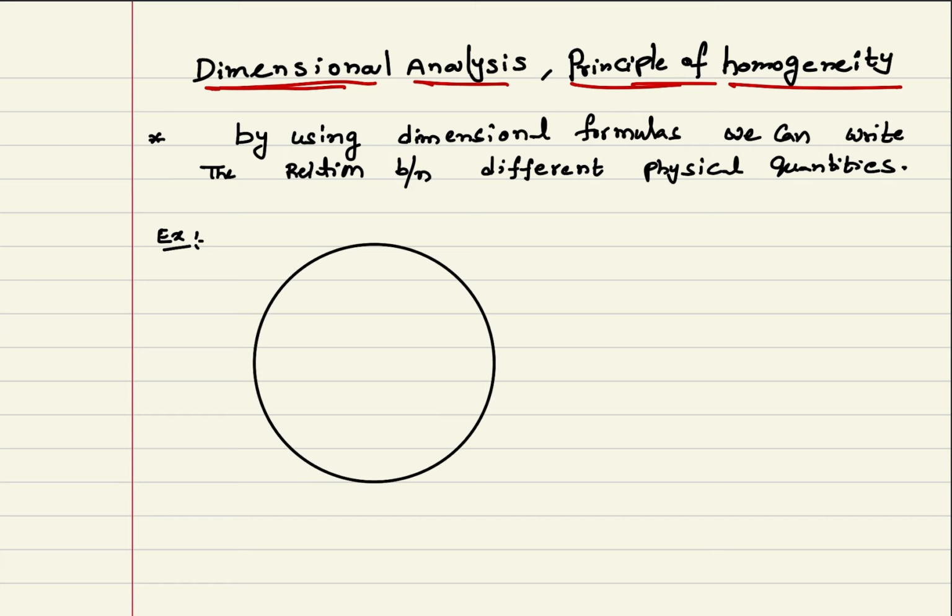Let us consider a particle is moving in a circular path, having mass m, radius r, and moving with a velocity v. Then the force acting on this particle, let us consider that F is providing the centripetal force.